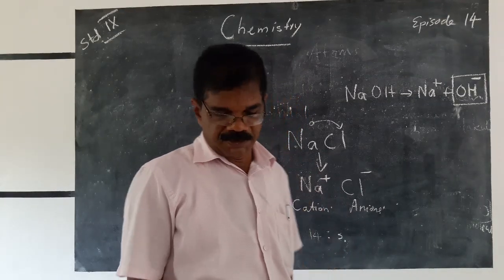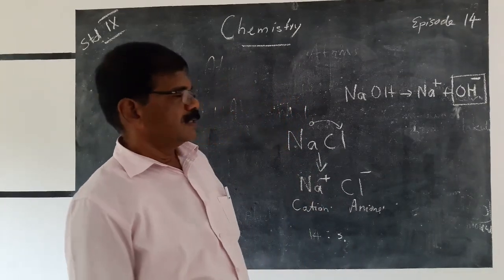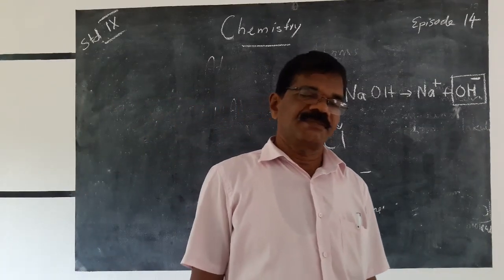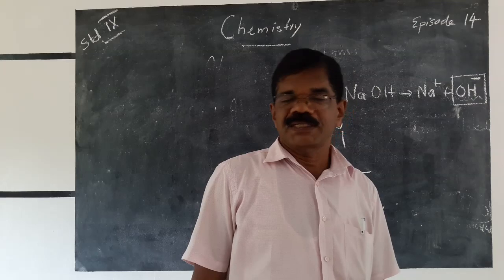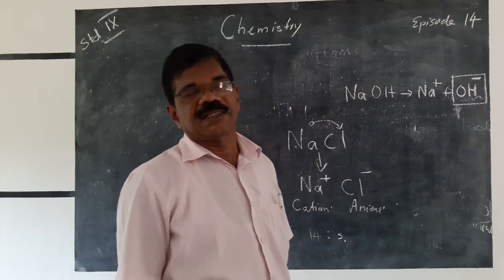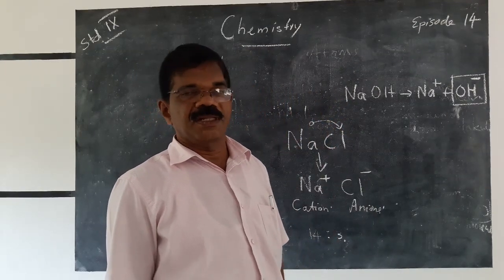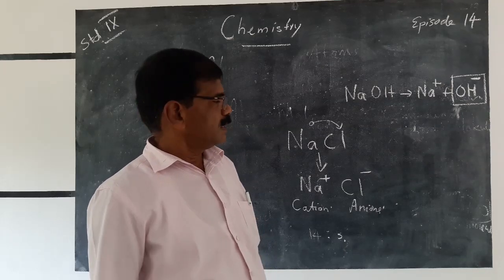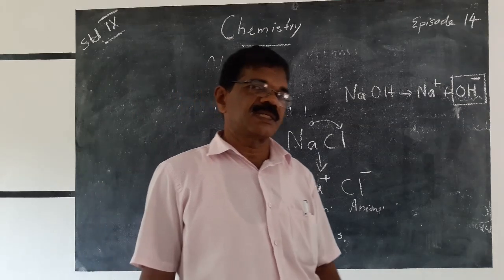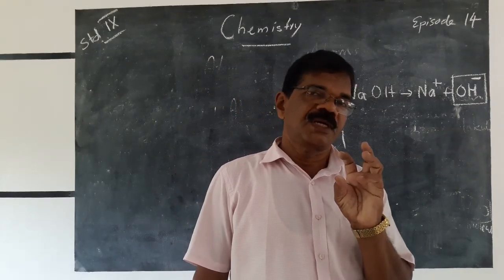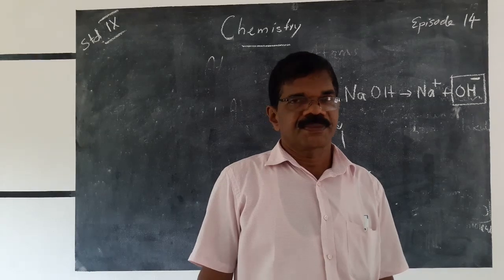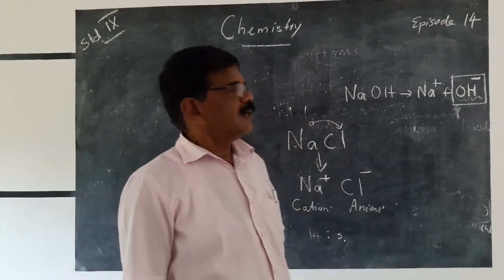So today we studied how atoms exist. Some atoms exist in the free state, while most atoms are found in the combined state. Then, what is a molecule? A molecule is the smallest particle of a substance which shows the properties of the substance and can exist independently.